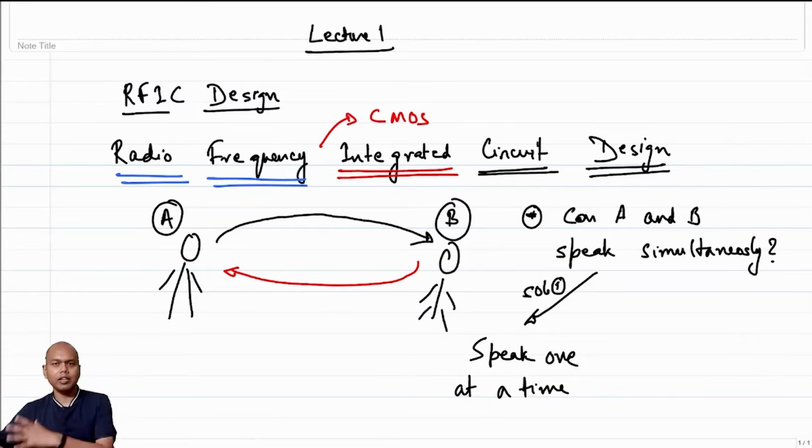And there is a separate time slot in which speaker B will be talking or transmitting, and in that same time slot, speaker A will be listening or receiving, right? So this is typically, in communication jargon, called time division multiplexing.